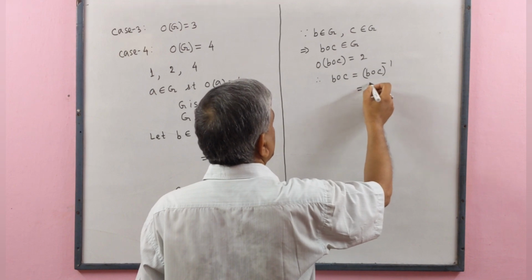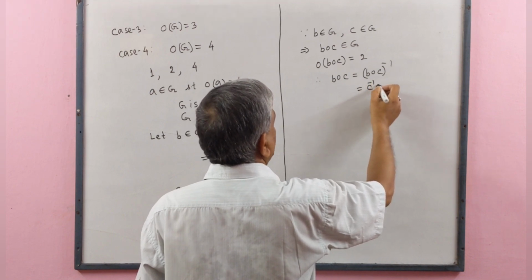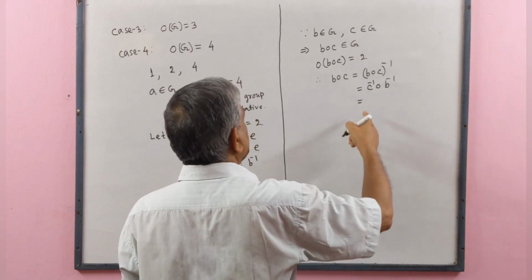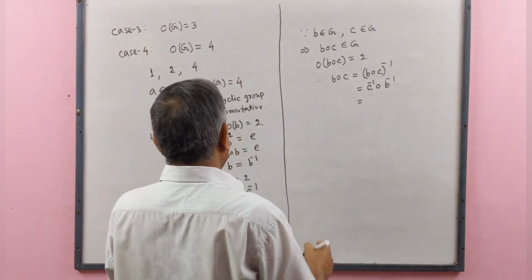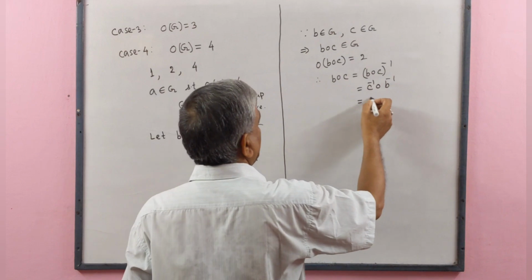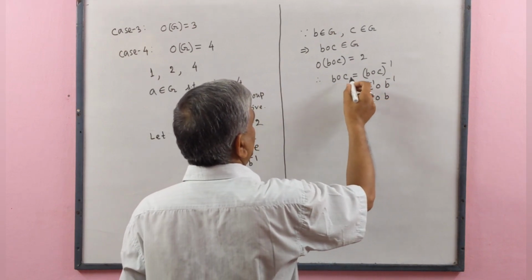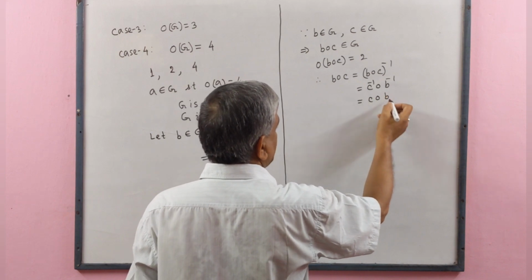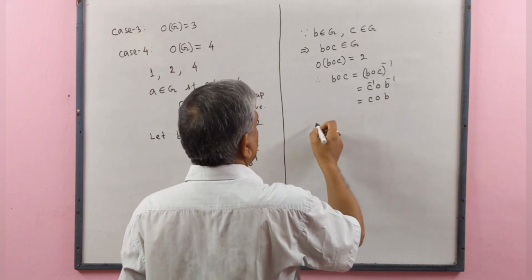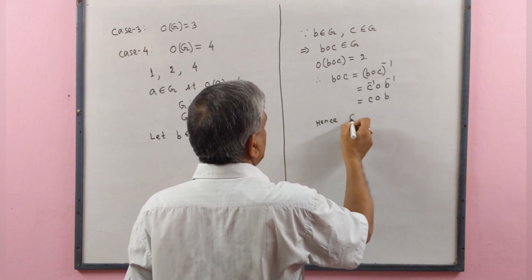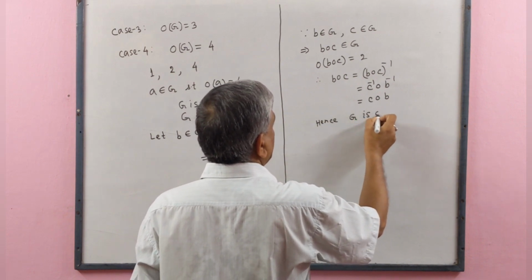This equal to c inverse operation b inverse. c inverse equal to c and b inverse equal to b. Therefore, b operation c equal to c operation b. Hence, G is commutative.